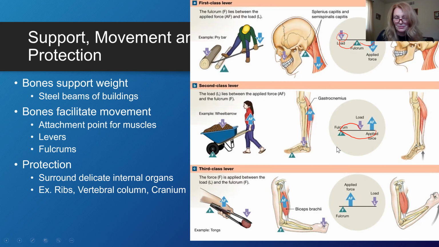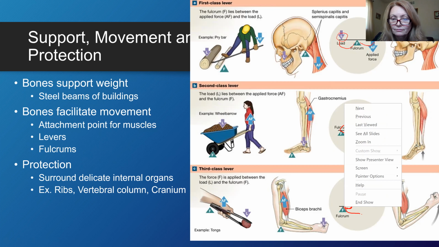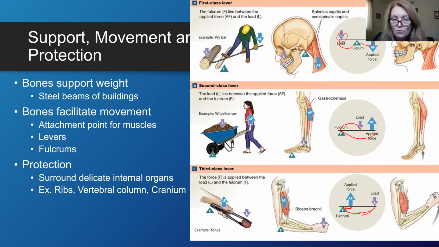That makes sense. So let's repeat it one more time. If a force arm is longer than the load arm, this is called mechanical advantage. So this makes you stronger. This is for strength. Now, if the force arm is shorter, like in a third class lever, shorter than the load arm, then this is called mechanical disadvantage.